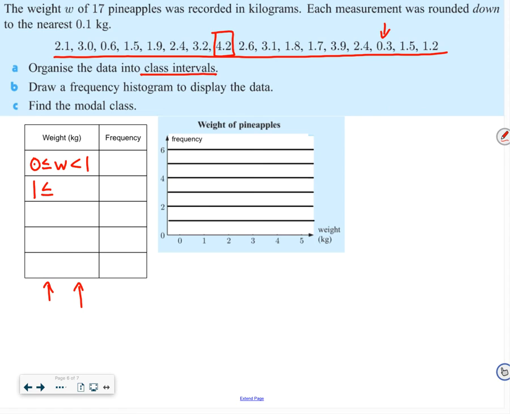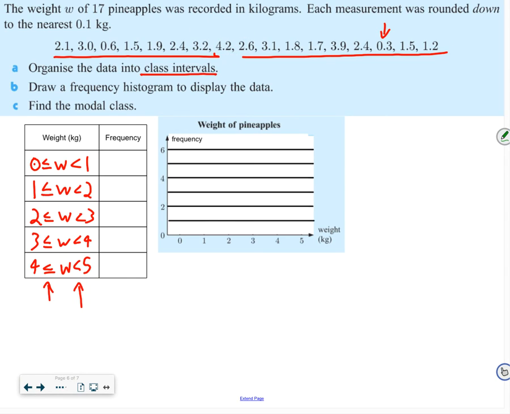So here it's included at 1, not included at 2. Now from 2 to 3, with 2 inclusive, then 3 to 4, and then for my really large pineapples, from 4 to 5.